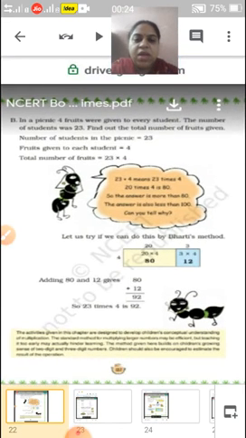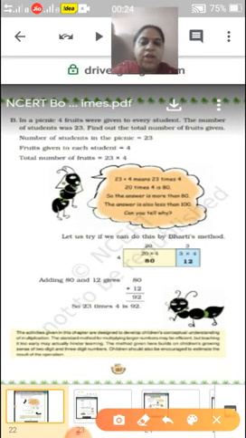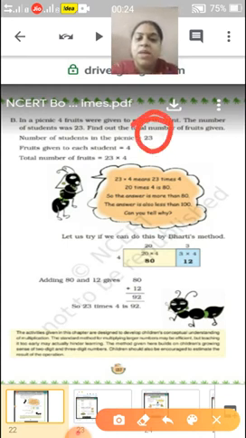In a picnic, 4 fruits were given to every student. The number of students was 23. Find out the total number of fruits given to each student. Okay children, the number of students in the picnic is 23.